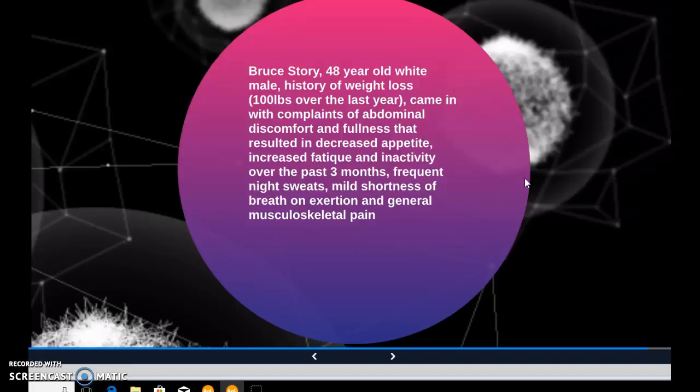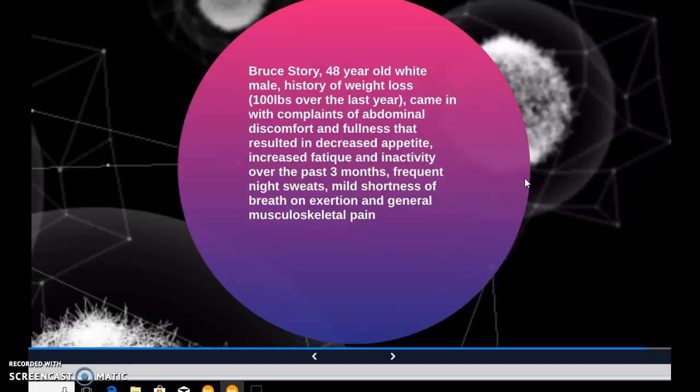In his lungs, he does have some expiratory wheezes. He is short of breath, as he said, with any kind of exertion. Neurologically, he's alert and oriented ×3. He has no neurological complaints. He has a normal gait and full range of motion.